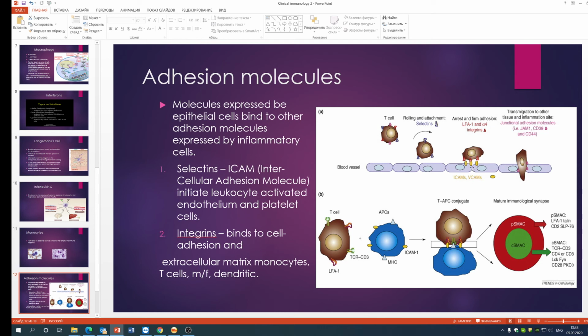This results in adhesion to blood vessels and penetration between endothelial cells into tissue. The second type, integrins, bind to cell adhesion molecules and the extracellular matrix, and are expressed on monocytes, T cells, macrophages, neutrophils, and dendritic cells, and present as LFA, lymphocyte function-associated antigen.